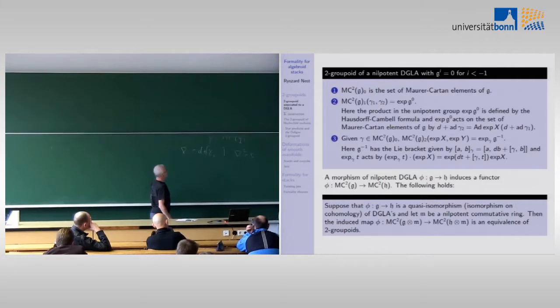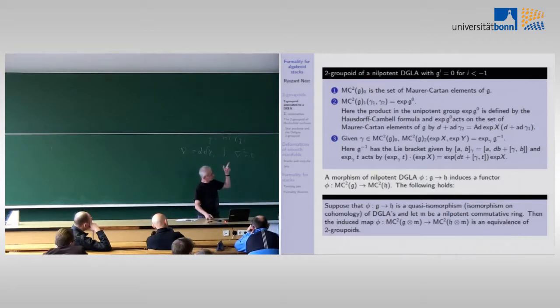Then one-morphisms, in this case, so G is a DGLA, in particular the 0th degree part is a Lie algebra. If it's nilpotent, we can exponentiate to get a corresponding pro-unipotent Lie group. And this Lie group acts on flat connections by conjugation.